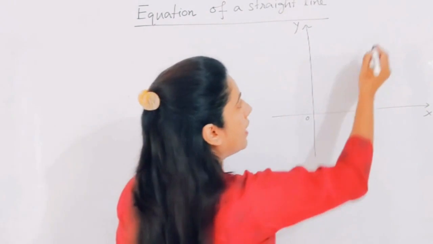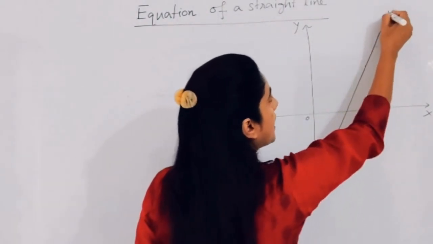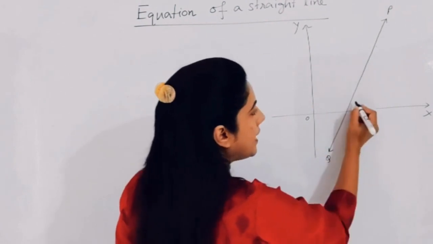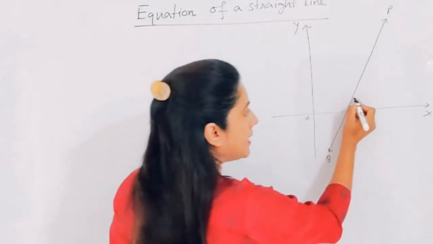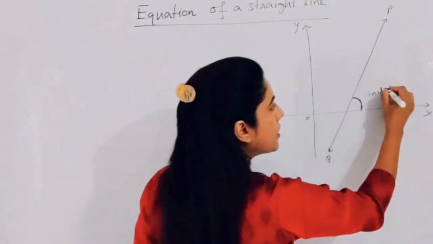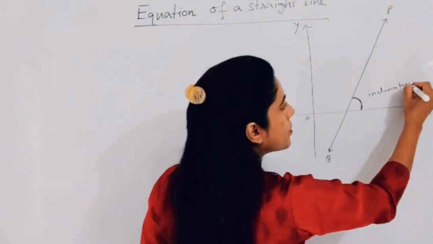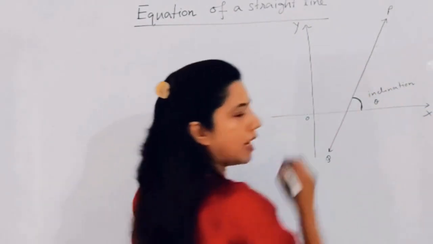If I draw a line like this, suppose this line is PQ. This line is inclined to the positive side of the x-axis by this angle. This angle is called the inclination of this straight line, which is normally denoted by theta.